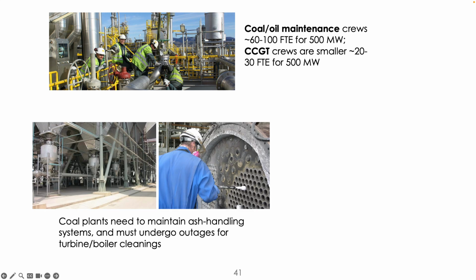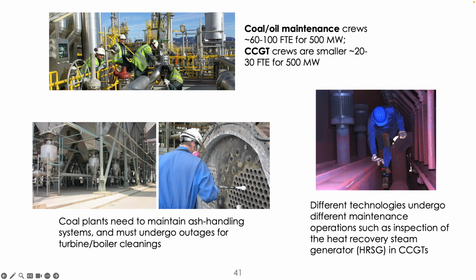So the fixed operations and maintenance piece is going to be smaller for gas turbines. Here is some cleaning of some of the systems in coal plants. This is an inspection of the heat recovery steam generator in a combined cycle gas turbine plant.